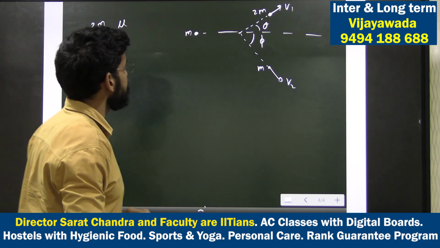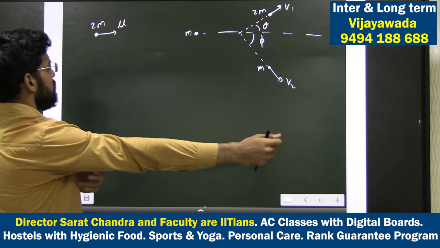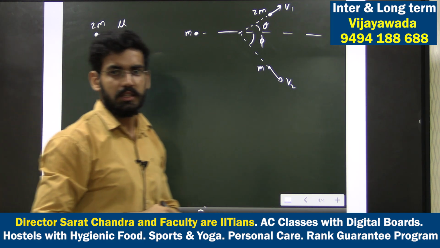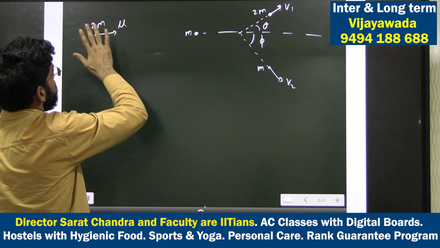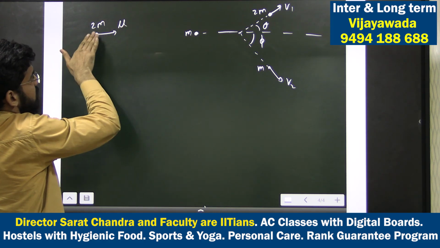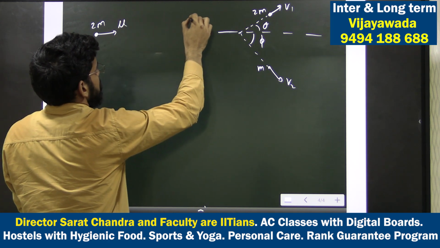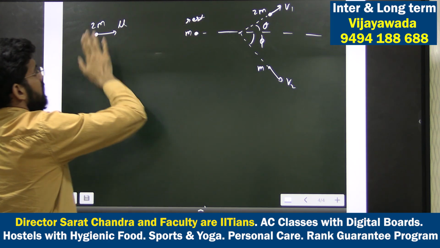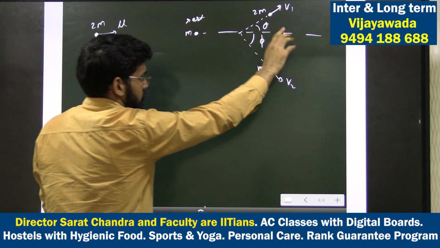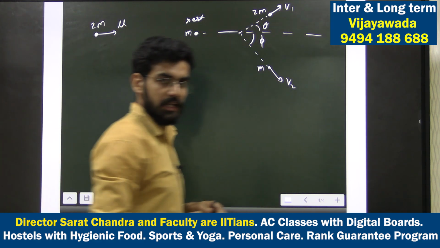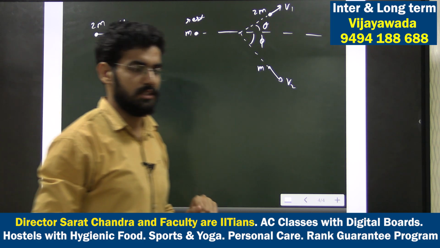Now the first equation I can write is conservation of momentum. Initially, this one is at rest and this is moving with u speed, so the initial momentum is in the x direction. So the final momentum should be in the x direction, with nothing in the y direction.